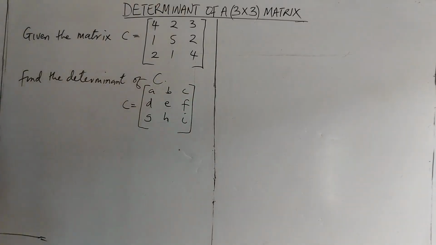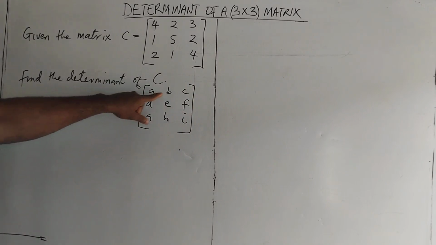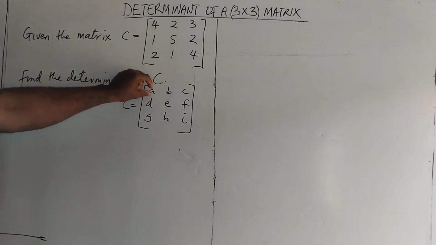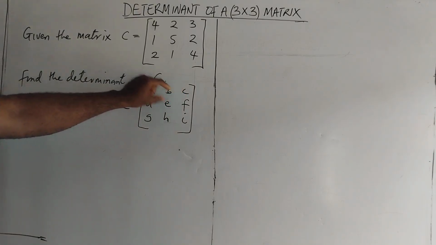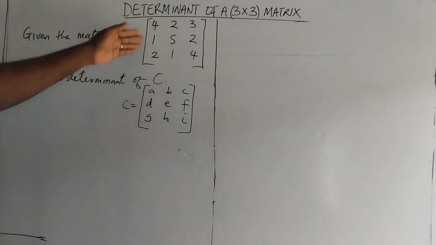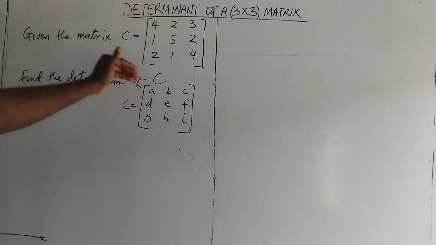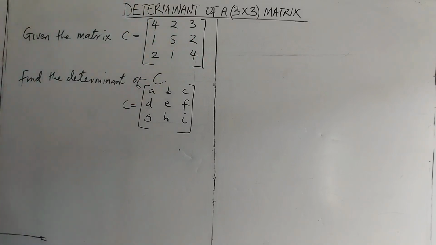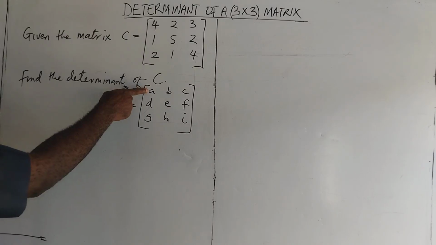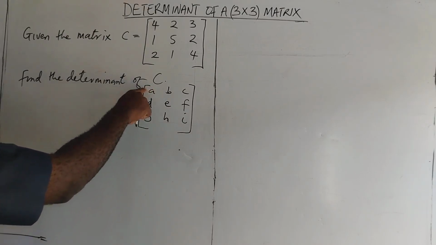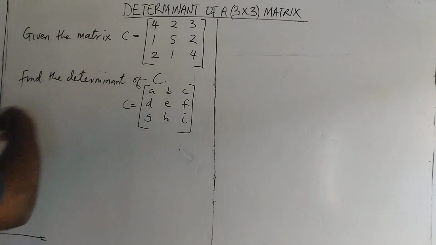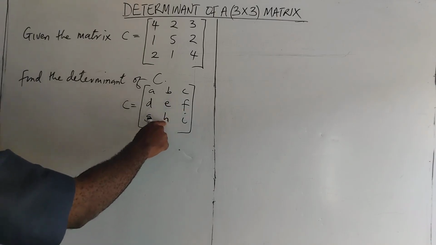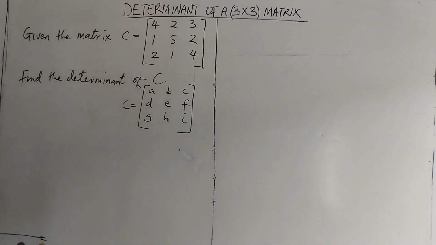The first row, the elements are A, B, and C. I'm going to take each element of the first row, and each element I take, I will remove all its elements in that same row and column. For example, A, all the elements in that same row and column will be removed. And if I do that, I will only have E, F, G, H, I. That's what I will have left.